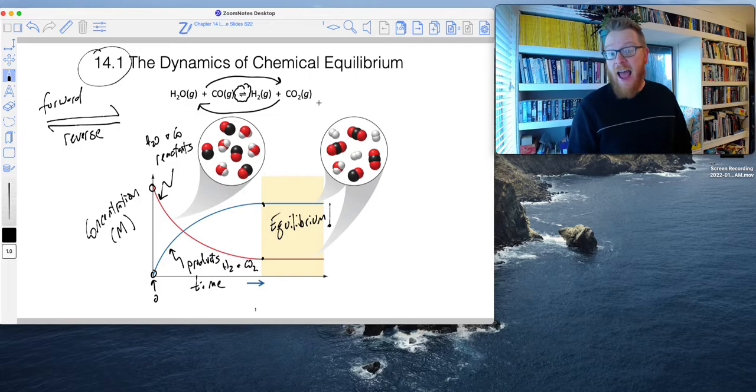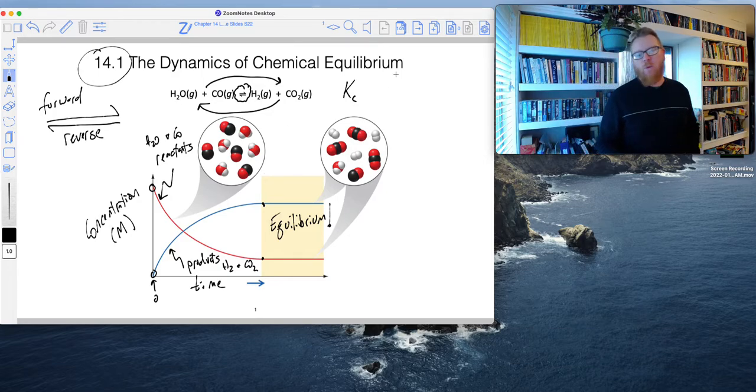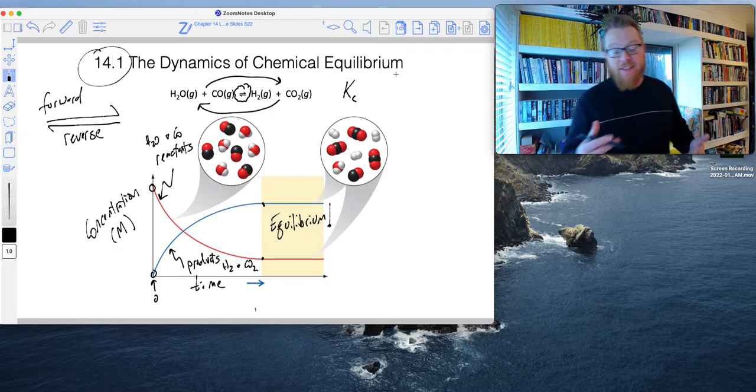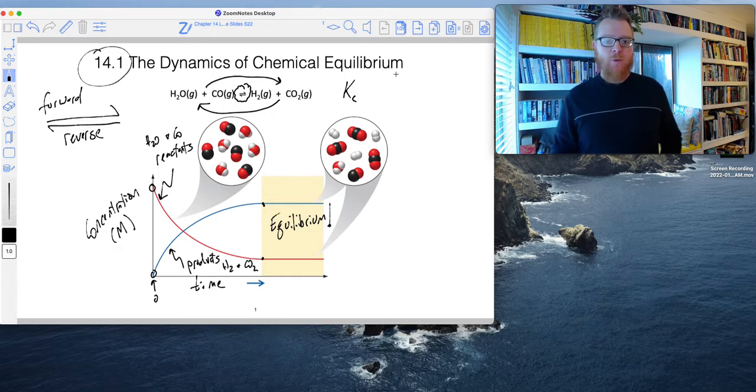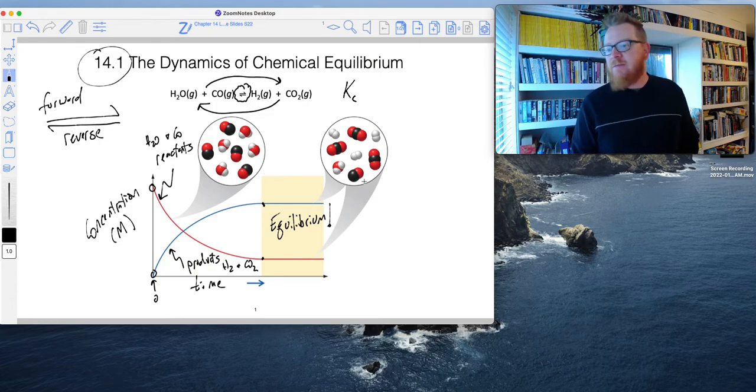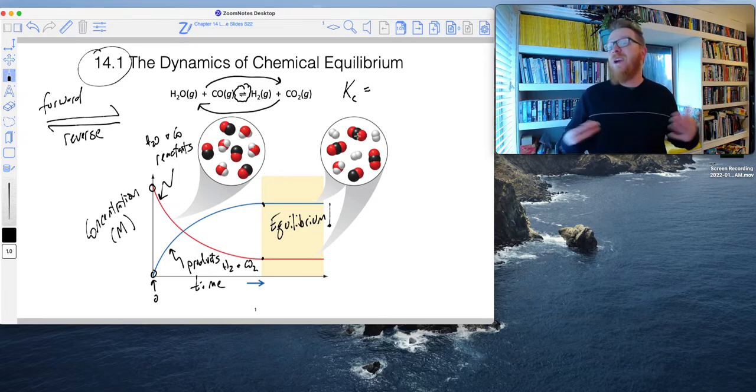Well, let's write that with the law of mass action. We can write the equilibrium constant, Kc, and each reaction will have its own unique constant. You don't have to memorize that number. We're going to learn how to calculate it. It's also condition specific. So we're not memorizing equilibrium constants; rather, we determine equilibrium constants from data.